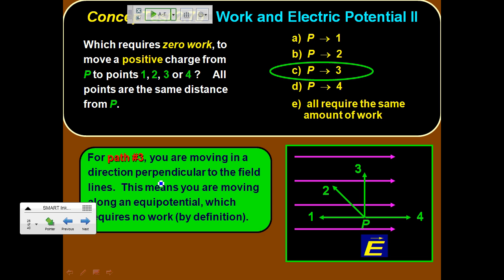The format for the test will be similar to before. 15 is multiple choice, 4 to 6 free response. If you haven't had me before, on the free response, if you write nothing, I'll count all the points. But if you write something that's even close to right, you'll get something. So it behooves you to write something on this question, as close as you can get. Is that clear? And that's 70 points.